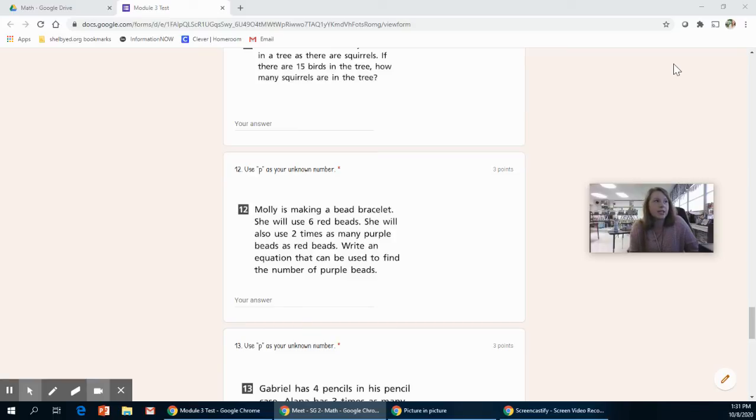Write an equation that can be used to find the number of purple beads. So she's going to use 6 red, and 2 times the red is purple. So write an equation using P as your unknown number.